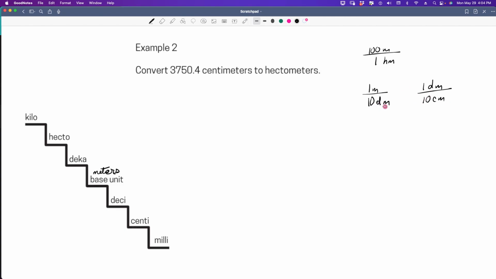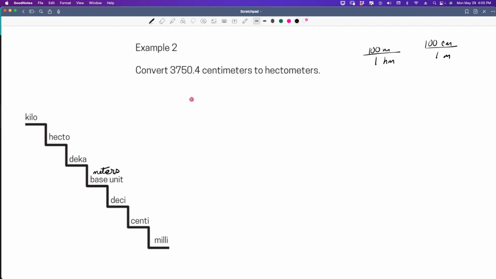And if I multiply this out, then I get 100 centimeters in 1 meter. So that puts all 4 of those together. Those are my units of reference, 1 to go up and 1 to go down.